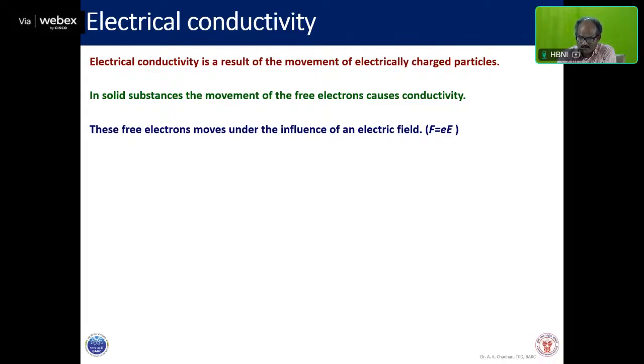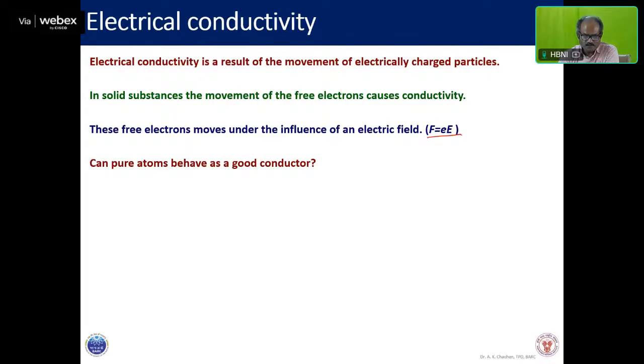When you apply a potential, there is an electric field E, which is simply V by D, where D is the distance between two plates and you applied a potential V. Because there is now an electric field, every charged particle inside an electric field experiences a force which is Q into E. Here, because it's an electron, it is e into E.